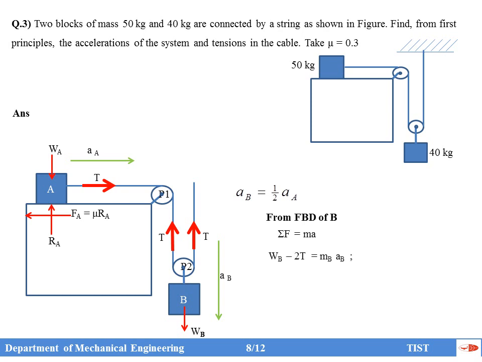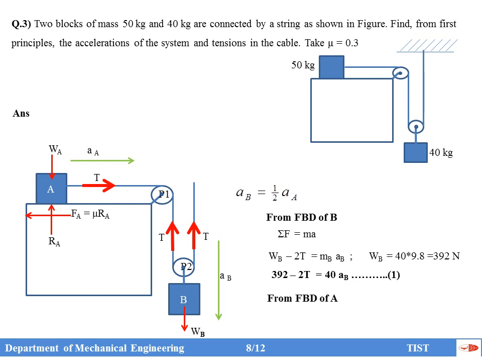So WB minus 2T equal to mass of block B into acceleration of block B. You should not simply write A, you should write A suffix B, acceleration of block B. WB we already know, it is 40 kilogram into 9.8, so WB is 392 Newton. If you substitute, 392 minus 2T equal to the mass of block B, 40 kilograms, into acceleration of B. So that is equation 1.